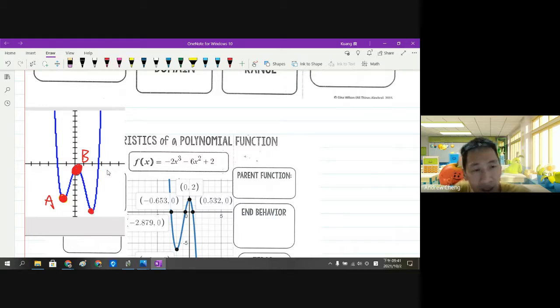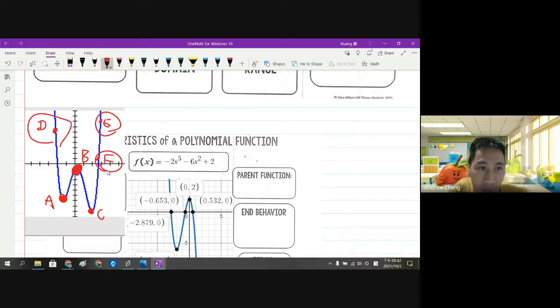So we can call C absolute minimum, and A only relative minimum. And B is a relative maximum because obviously there are some points, for example, D or E or F, that are higher than B. However, B is higher than the points nearby. All the points nearby B are lower than B, so we can call B a relative maximum.